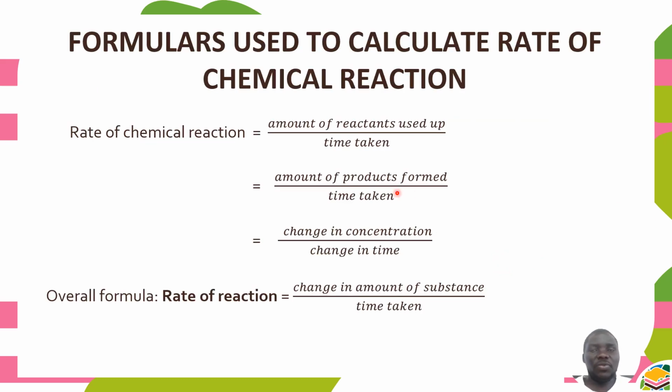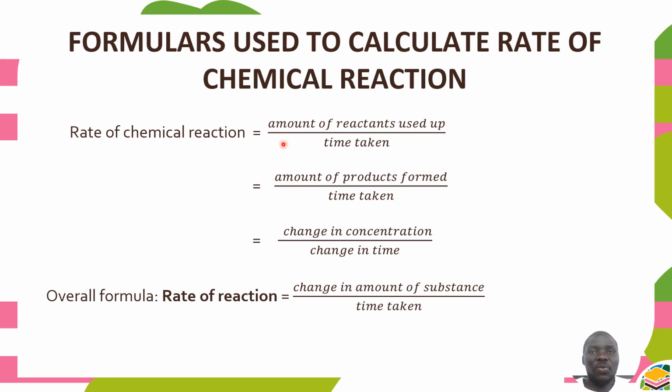Now, since we have said that not all chemical reactions take place at the same precise time or take different times to get completed, we can calculate rate of chemical reaction. Why are we learning to calculate the rate of chemical reaction? Remember, the concepts we are going to learn here are not only applied academically, but can also be applied in industry.